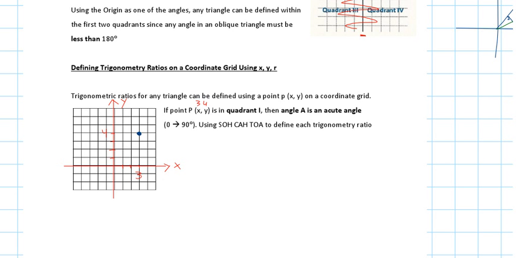Are we okay with the location of the point? Okay. So now if I want to draw a triangle, you're going to draw the triangle from the origin. Okay? So your terminal arm has to be going from the origin to the point. So it's a straight line from the origin to the point. So this is my terminal arm.